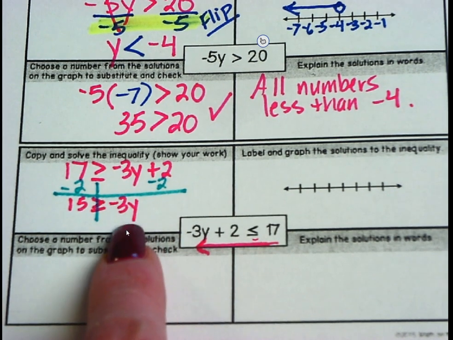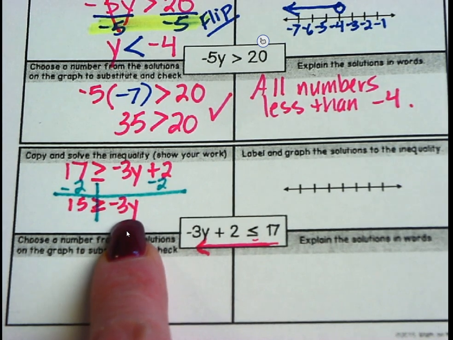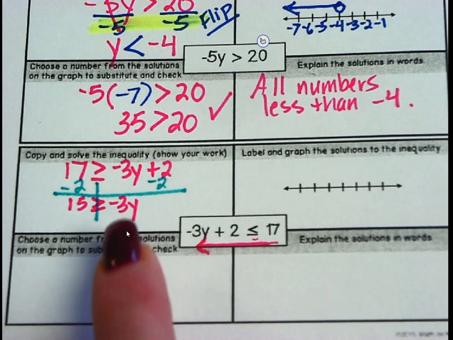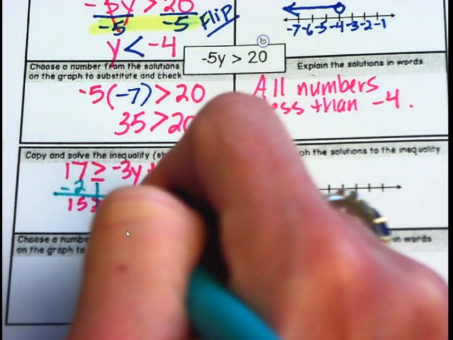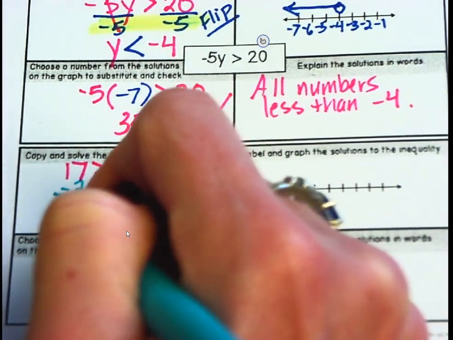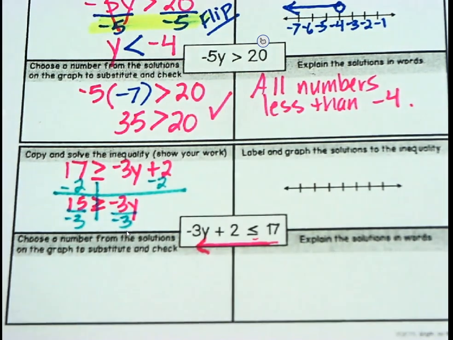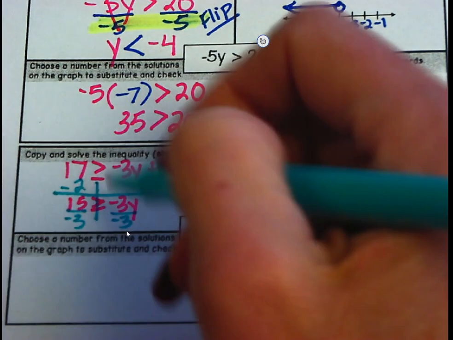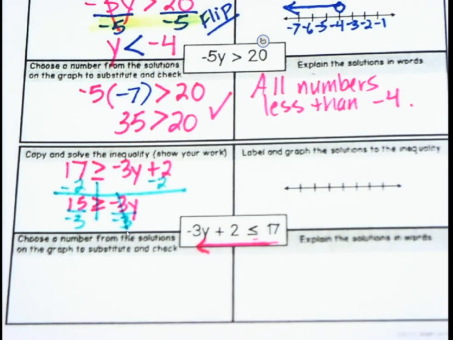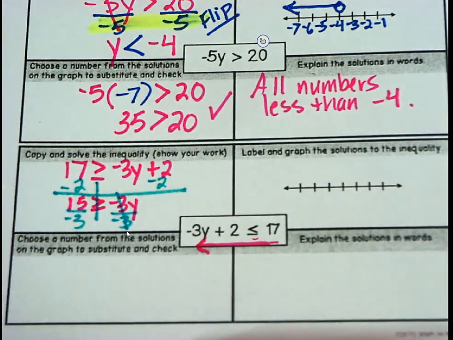How do I undo multiplying by a negative 3? You divide by a negative 3. When you divide by a negative, what happens to the sign? It flips.